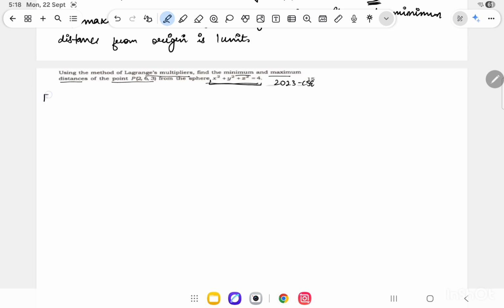So let us define our function f, that will be basically x minus 2 square plus y minus 6 square plus z minus 3 square plus lambda into x square plus y square plus z square minus 4. So this is the function f.